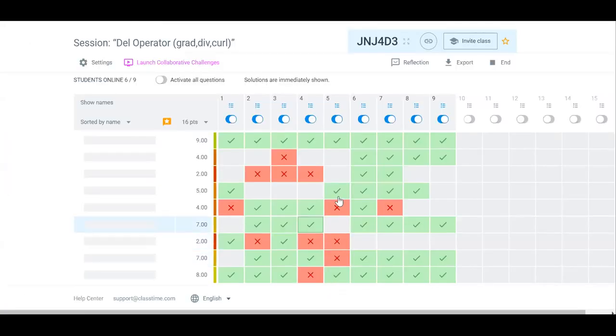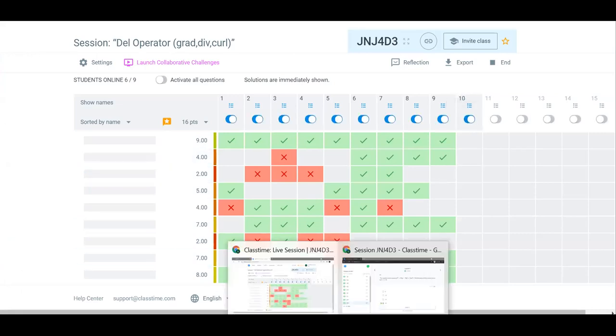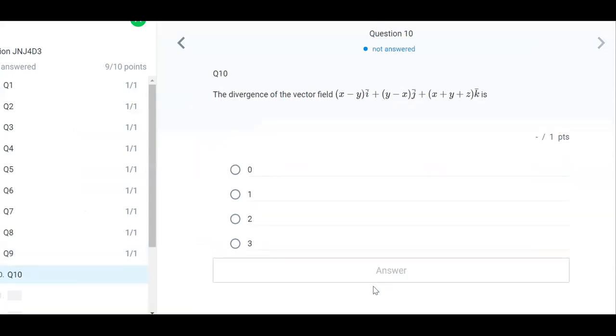Okay, so divergence of a vector field. So next, another question. So please do this. This is a simple one.